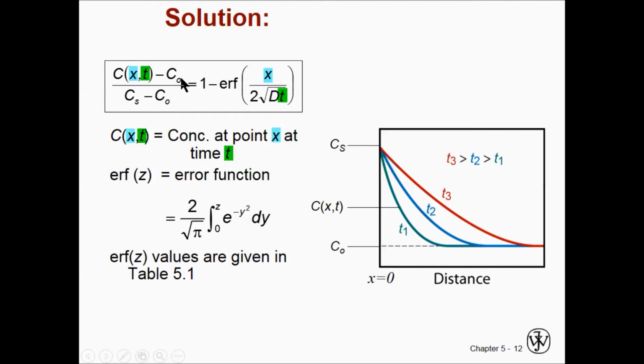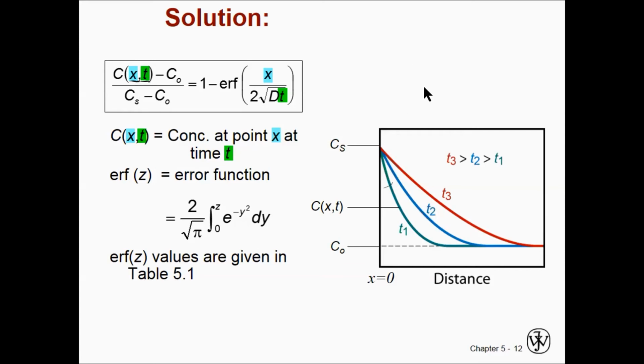So that is the initial amount of copper, and this is the surface concentration of copper. So here, if you see this CXT, when copper diffuses into aluminium, below the surface at a certain distance, at a certain time, we can measure the concentration of copper.